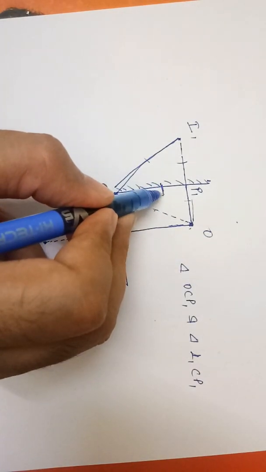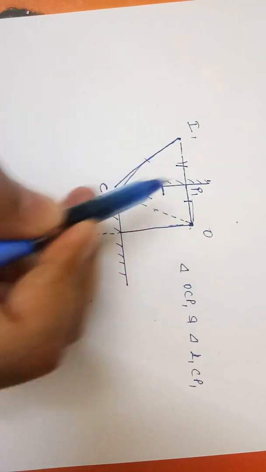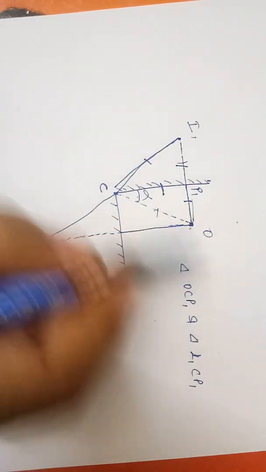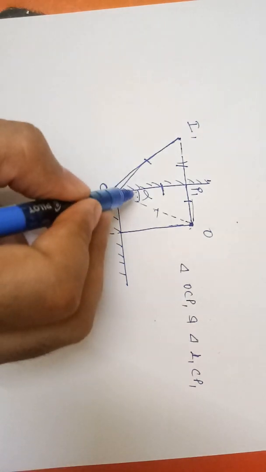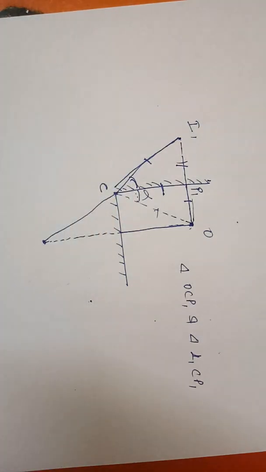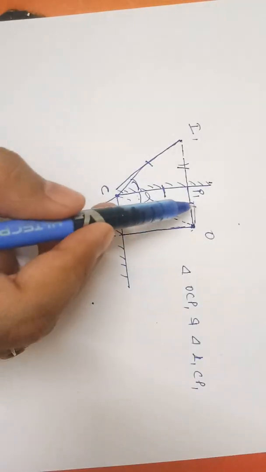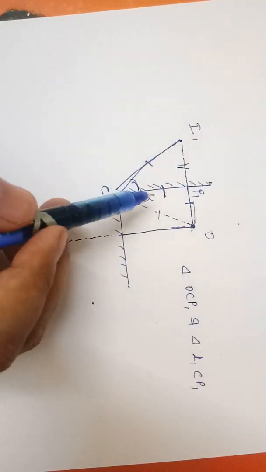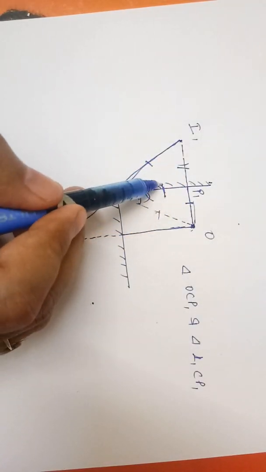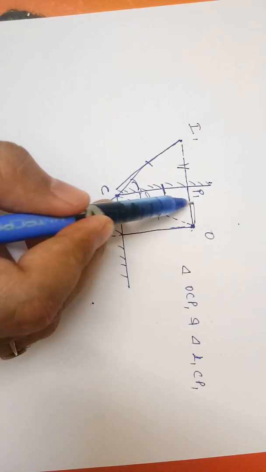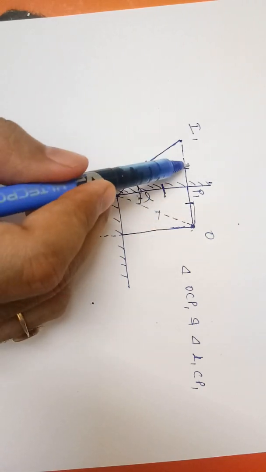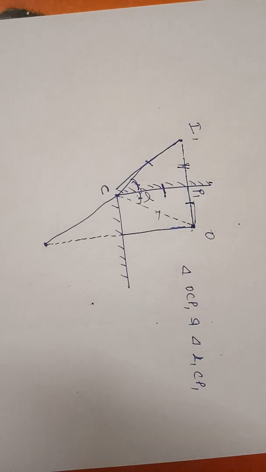This is common, this equal to that, this is same, so these two triangles will be congruent triangles, so this angle will be this. Or another point is there, by mathematics you can also understand the angle opposite to the same side will always be equal. So the angle opposite to this side here is equal to the angle opposite to that side.